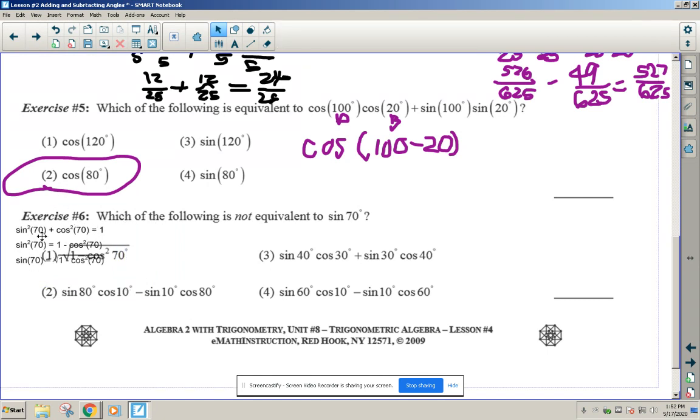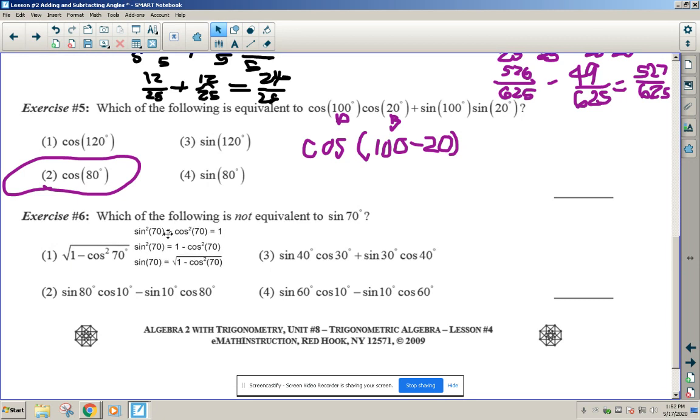Come on. We'll move it. There we go. All right. So again, Pythagorean theorem. Altitude squared plus base squared equals 1. And if I want the sine by itself, I subtract cosine squared from both sides. And I don't want the square, I square root. This one is absolutely equal to the sine of 70 degrees.